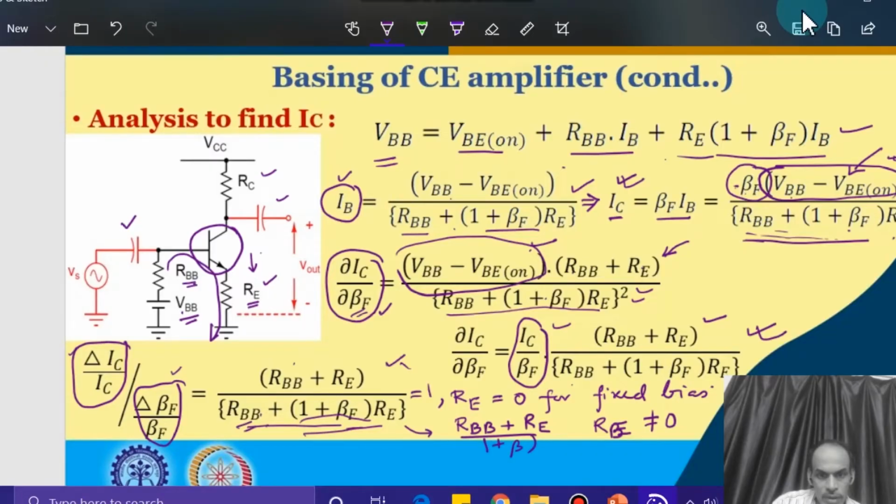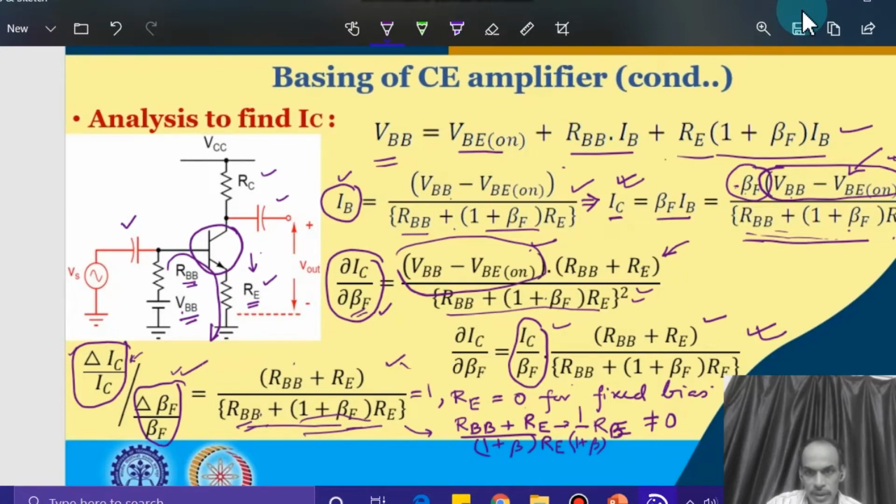And if I further simplify by considering that RE is higher than RBB, it becomes equal to 1 by 1 plus beta, which means that whatever fractional change you have in beta gets reduced by almost a factor of 1 by beta when reflected in the fractional variation in collector current. So that is the theoretical basis if you put the emitter resistor.